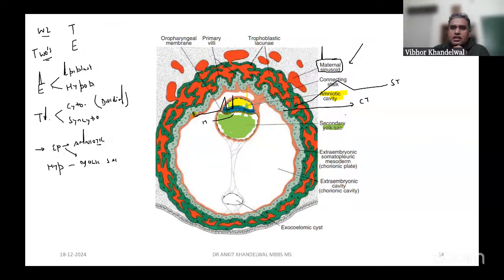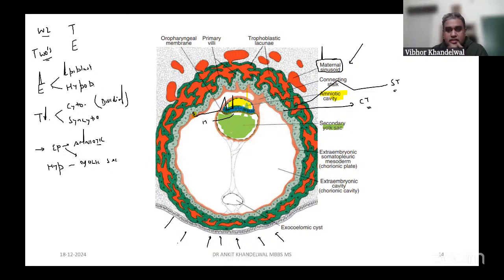So what happens is this green color, the cytotrophoblast and syncytial trophoblast, has now invaded entirely into the uterine wall. Can you see this outer layer? This is where it actually entered. Understand this: this was day 6 when it entered over here. Now, after say 2-3 days only, it has entered inside totally.